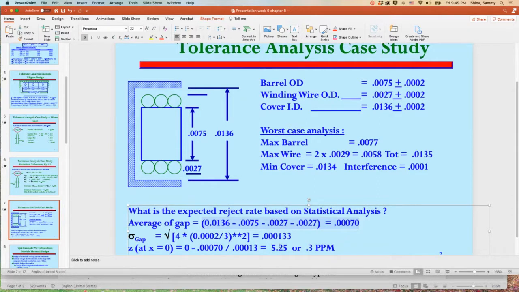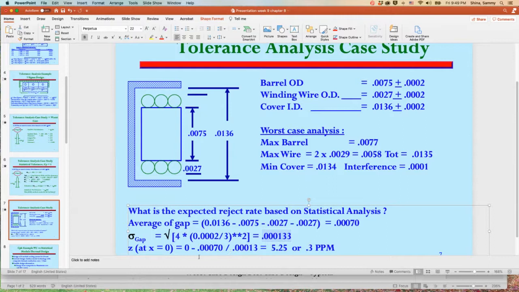The nominal gap is 0.0007, and we looked at the sigma of the gap based on a 3 sigma design. Since every component is 0.0002, and there are 4 of those, you take 0.0002 over 3, that's a 3 sigma design, times 4, you get 0.000133.